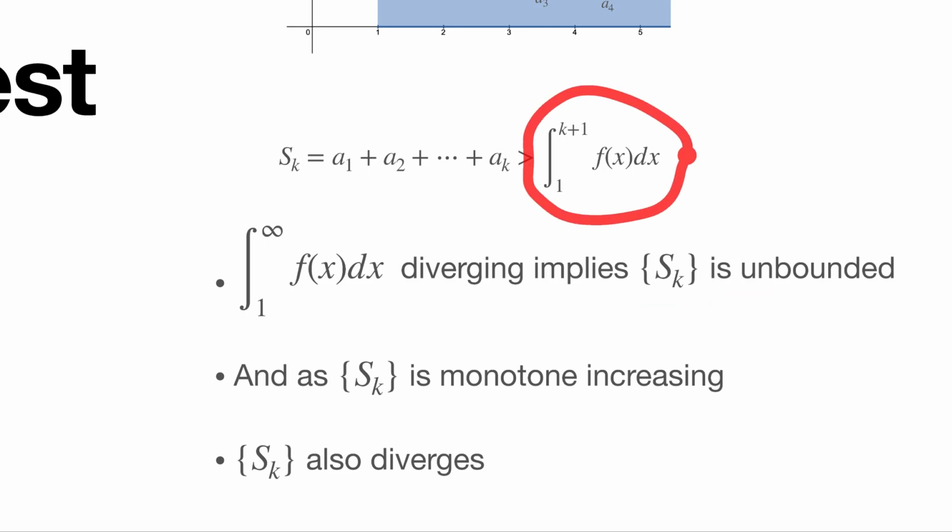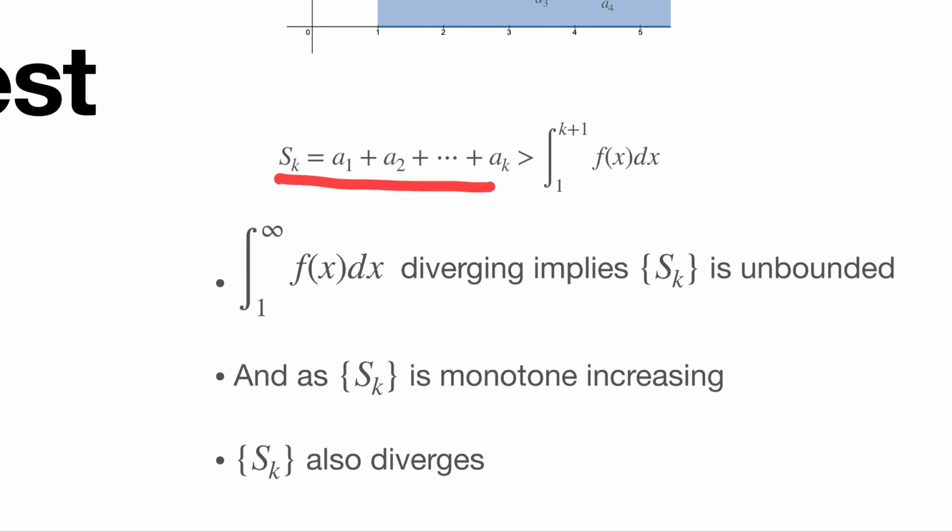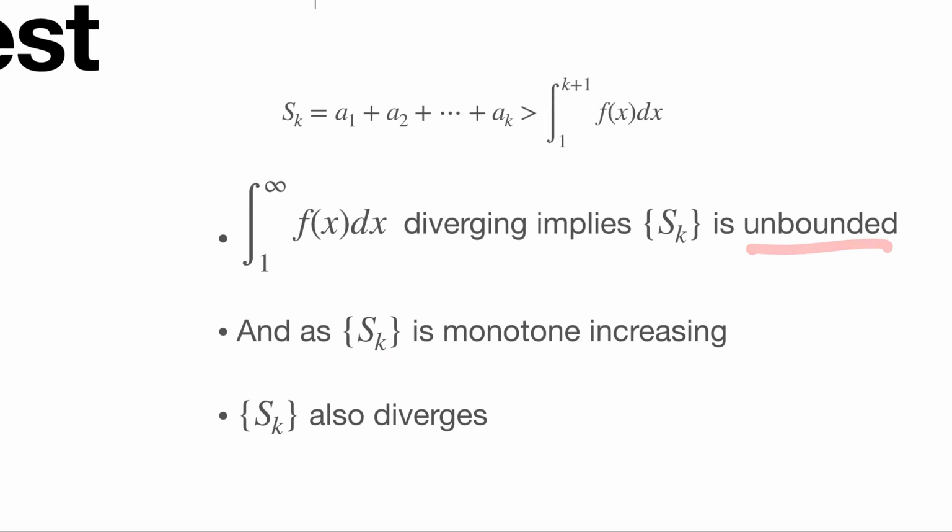So if this is tending out towards infinity, and the corresponding partial sum is always bigger, then this must get as large as we like. Because s sub k is a monotone increasing sequence and it's unbounded, we're finding that the sequence of partial sums also diverges.